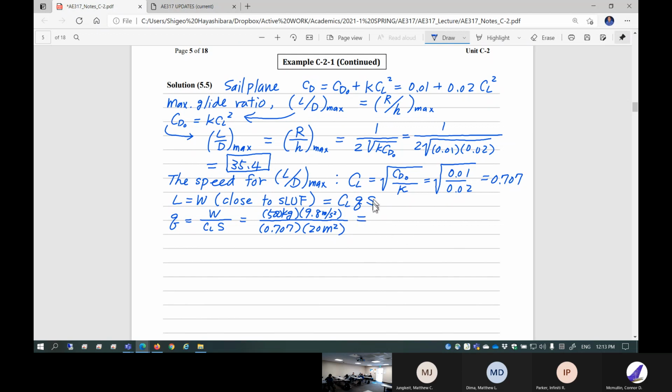So if you compute Q, the dynamic pressure for this condition is 346.5 Newtons per meter square. This is dynamic pressure, and this is at standard sea level. So let's assume standard sea level density.